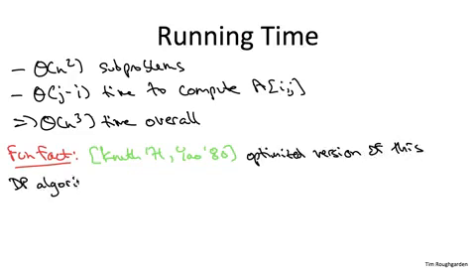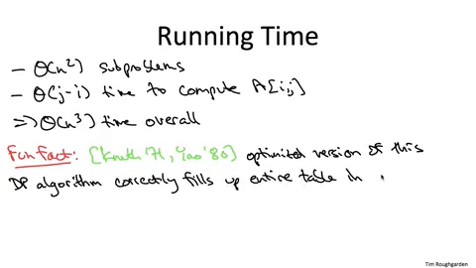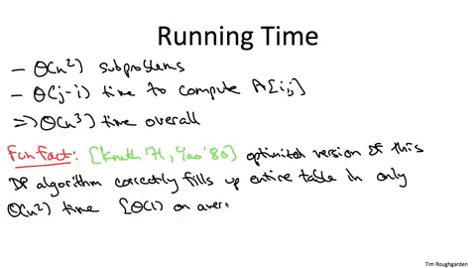But you can actually fill up this entire table, all n squared entries, using only a total of n squared time. That is, on average, constant work per subproblem. This fun fact is very clever. It's certainly more intricate than what we've discussed in this video here, but it's not impossible to read. So if you're interested, I encourage you to go back to the original papers or search the web for some other resources on this optimized speed-up version of this dynamic programming algorithm.